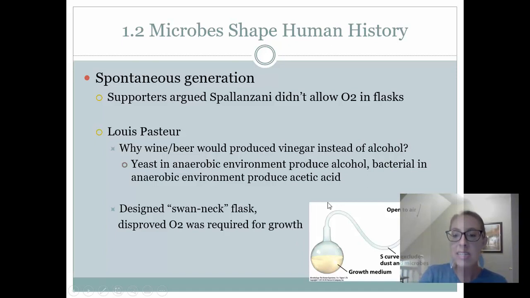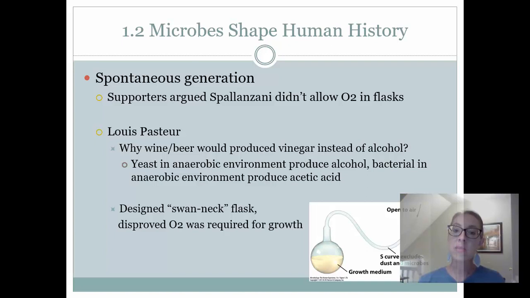This was actually developed as a way for Louis Pasteur to investigate why some wine and beer that was being produced was souring. So if you don't know, the way that wine and beer is normally produced, it's in what's called an anaerobic environment. That's an environment without oxygen.